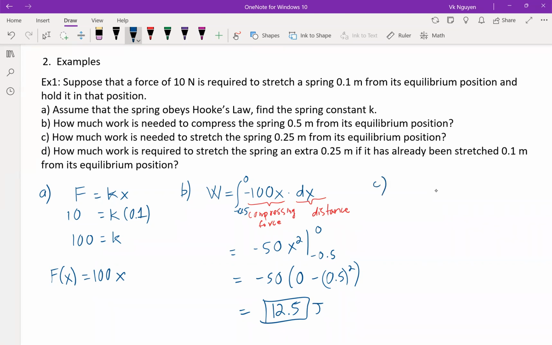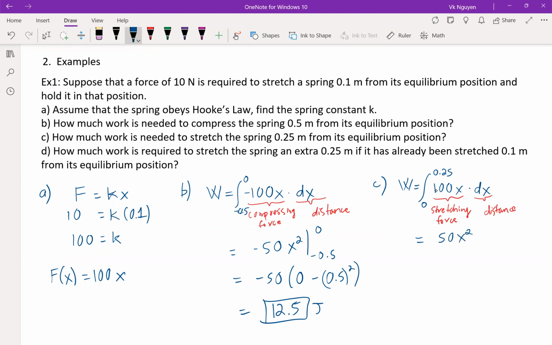In C, we are stretching it. Stretching is going to be the integral, and the force will be positive. So 100x times distance dx, force times distance, stretching from equilibrium to 0.25.